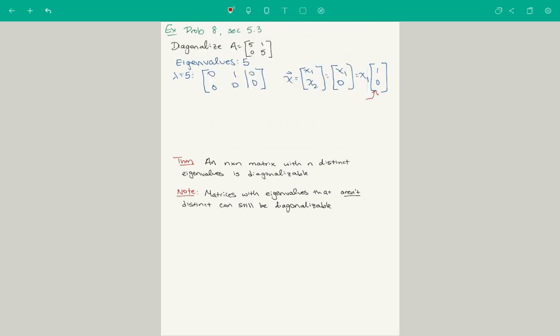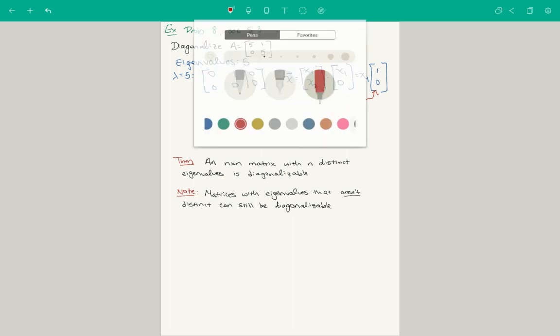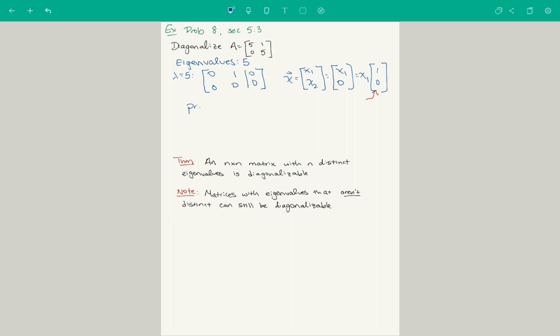But this is a problem because this is one linearly independent eigenvector, not 2. So in order for this to actually work, we need to have 2 linearly independent eigenvectors. But we only have one.